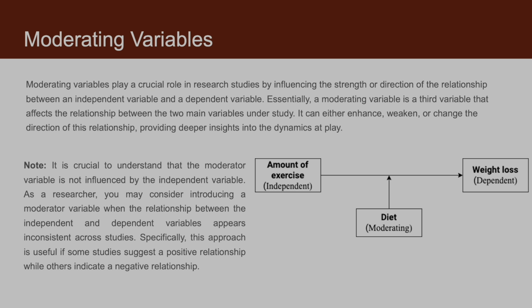It's critical to understand that the moderator variable is not influenced by the independent variable. As a researcher, you may consider introducing a moderator variable when the relationship between the independent and dependent variables appears inconsistent across studies. This approach is useful if some studies suggest a positive relationship while others indicate a negative relationship.